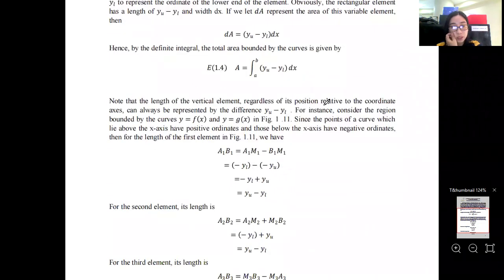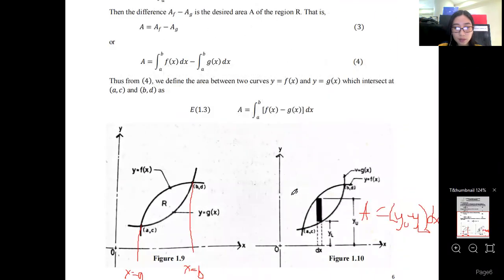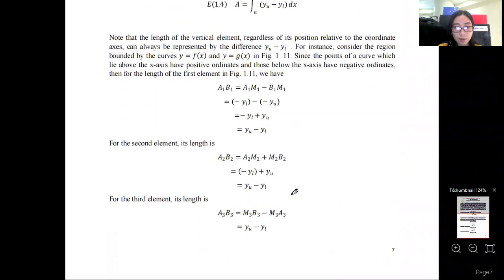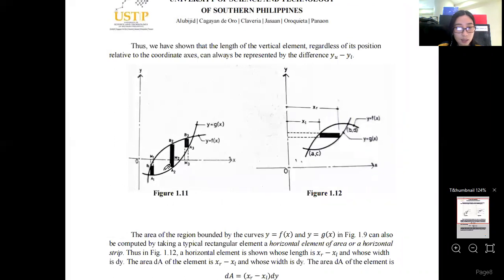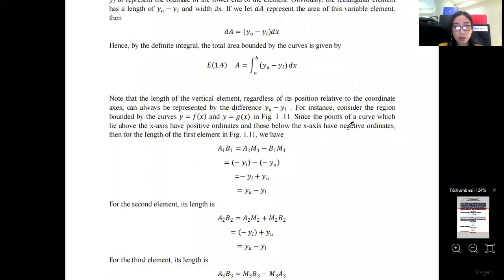So, for instance, consider the region bounded by the curves y is f of x and g of x in figure 1.1. Here it shows the possible representations of the strips.